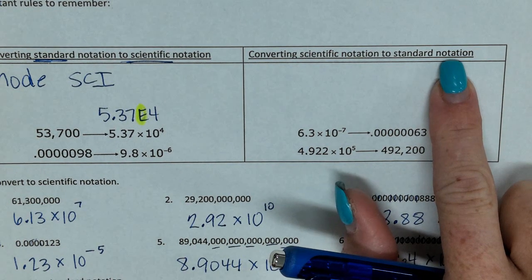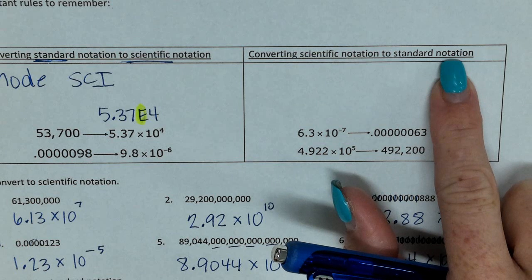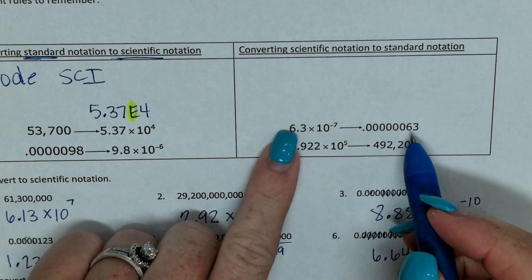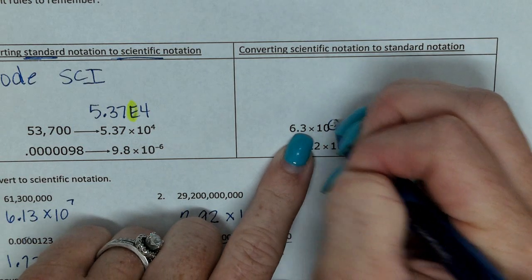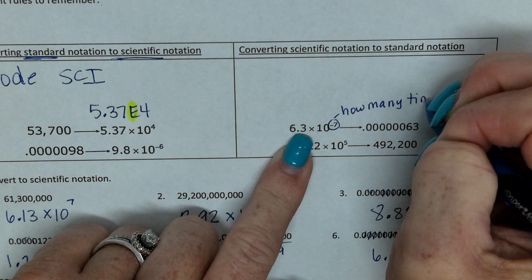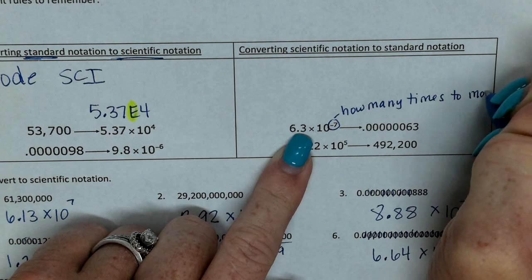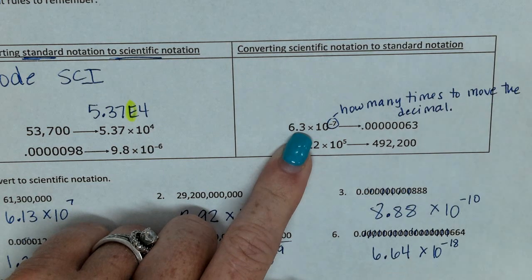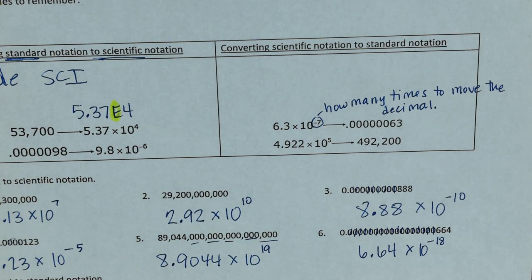Number one, you can do it by hand, simply by moving the decimal place. So everybody look, go back up here. The exponent tells you how many times to move the what? The decimal. It does not tell you how many zeros to put.